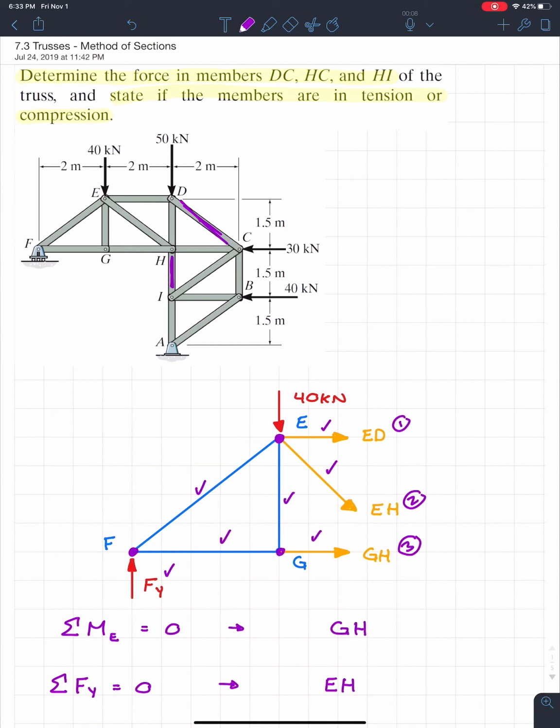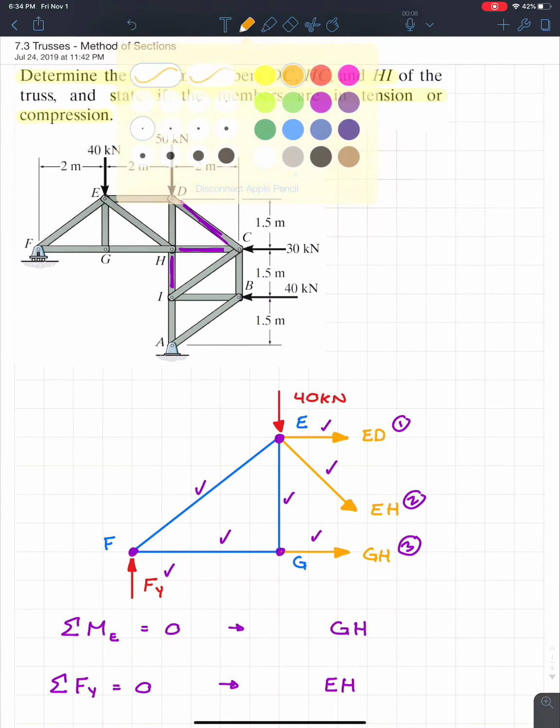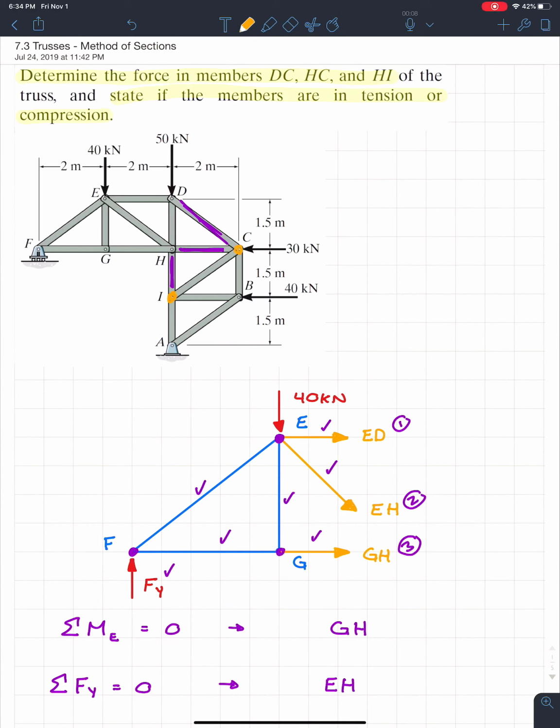So this one across here. If I were to do the method of joints, I would have to analyze at least up to this joint, or this joint, or this joint, or this joint. So to get to those, I'd have to at least do 2 extra joints. Or if I were to go from the left side, there'd be a lot of extra joints. So this is clearly the better option when the members are in the middle of the truss.